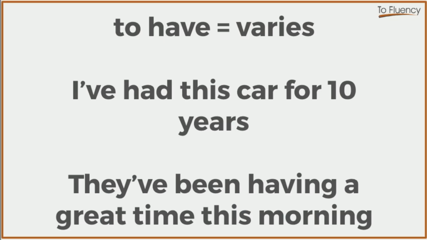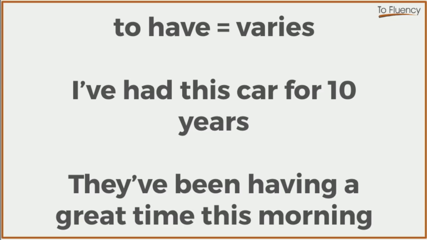When we use the verb to have, it varies, because there are different ways that you can use this verb, different meanings. I've had this car for 10 years. In this example, this is possession. That is in the simple.